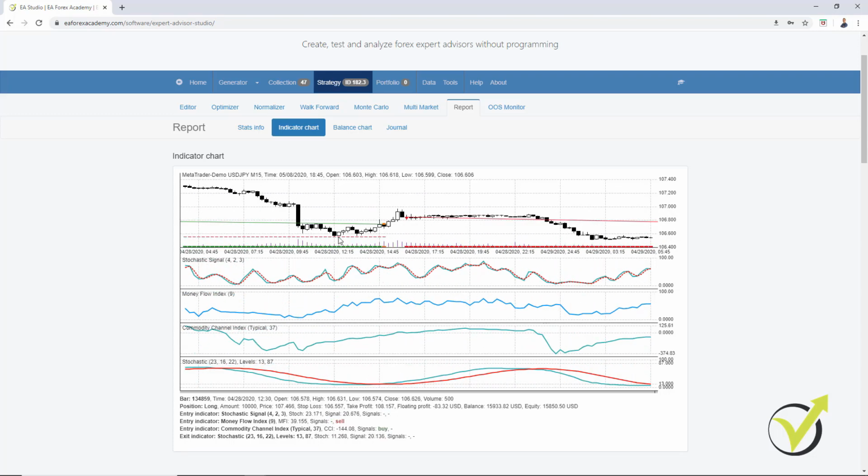Right at this moment on the 28th of April 2020 we have a short trade because we have confirmation from the stochastic signal, from the money flow index and the CCI index.